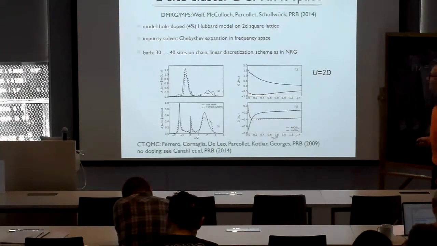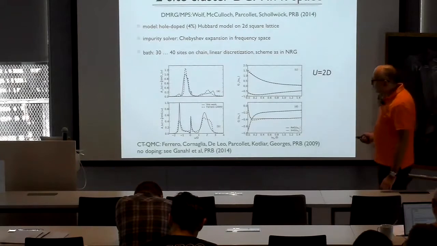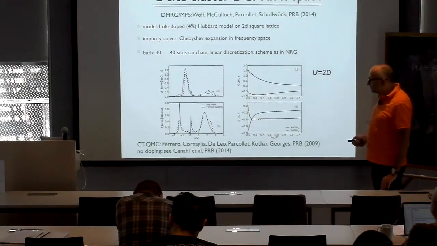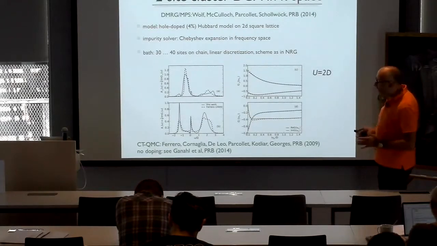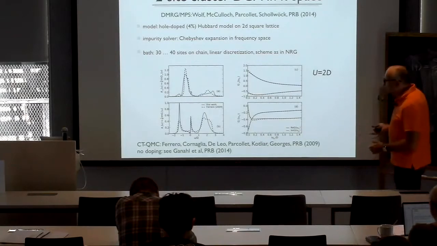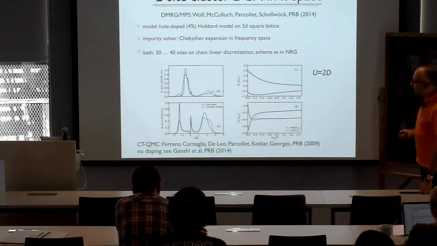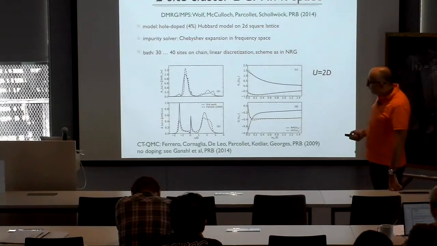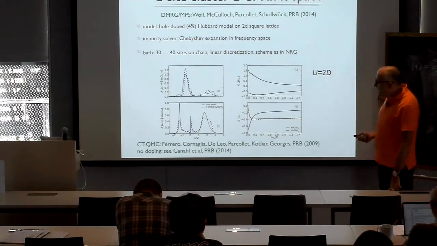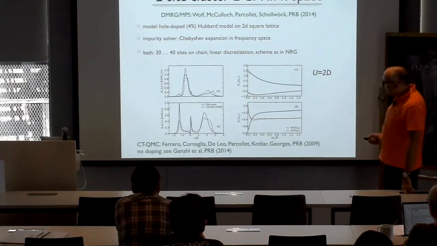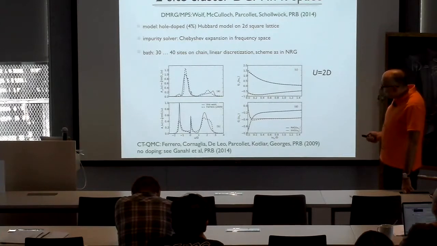The really interesting thing for us was to compare what's going on on the real axis, where we calculated all along and where the CTQMC people got results by analytic continuation. Because you can really converge these MPS results very reliably, it was pretty clear and accepted among all of us that the MPS calculation is the actual result. You have to see what it was, probably MaxEnt or Padé; you did Padé at that time.